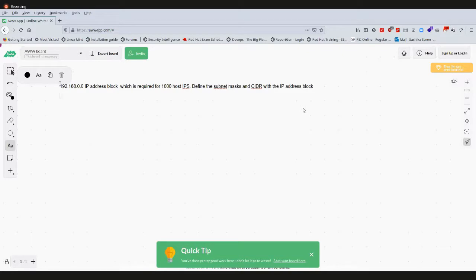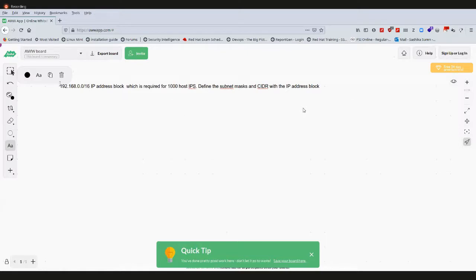So we need to break it down into a subnet where we can define the 1,000 host IPs. Let's say they have given /16, which we need to break down further to cater only for the 1,000 hosts. Because /16 caters to 2 to the power 16 host IPs, which is a much higher value than we need.